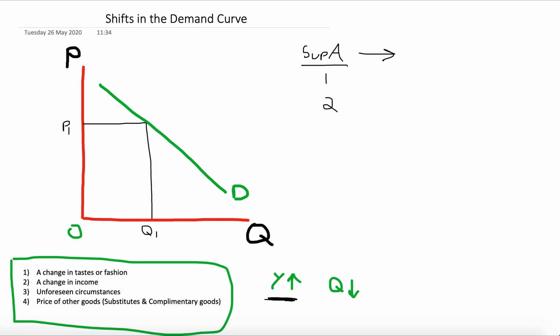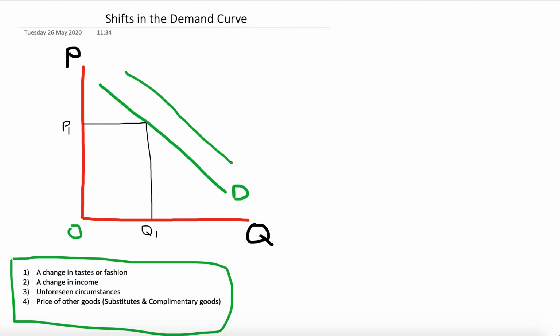Unforeseen circumstances. Again, have a second to think about what might be an unforeseen circumstance that might cause demand to either increase or decrease. We'll go with increase first of all. Have a think while I draw this out. So D1, our demand is increasing.